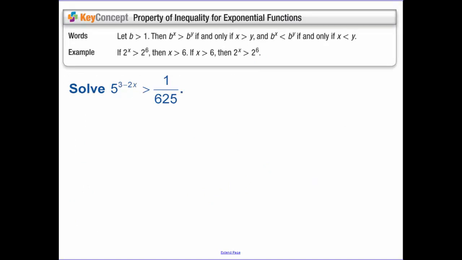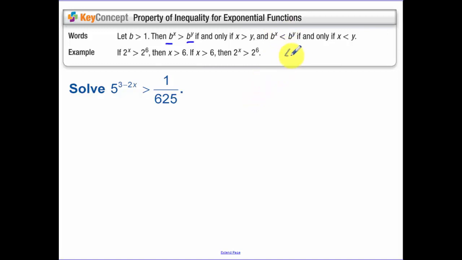Okay, solving exponential inequalities. What you have to do is, again, make sure that you have the same base. Once you have the same base, you can just say that x is greater than y if your sign is greater than, or x is less than y if your sign is less than.